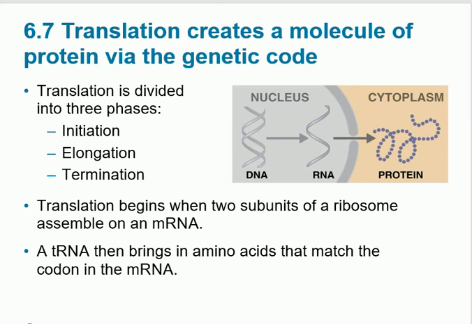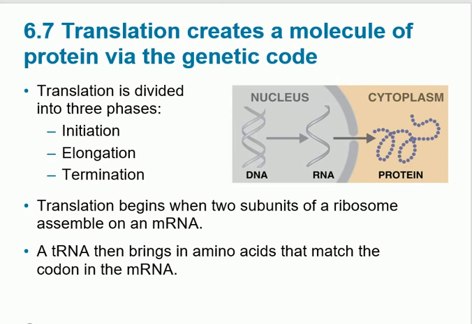When you initiate and start making the amino acids, you add one after one after one, and when you see the stop sign, this is where you start the termination. So when are you going to initiate? When I see the start sign. The start sign is AUG. Then elongate. I will continue.